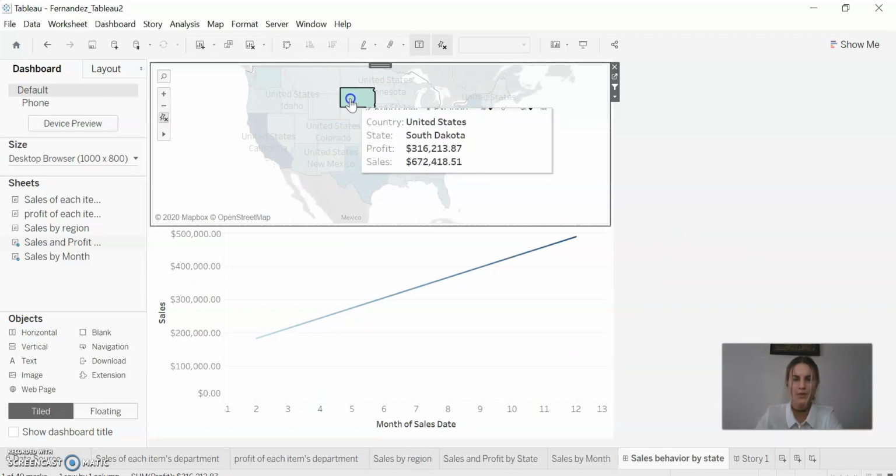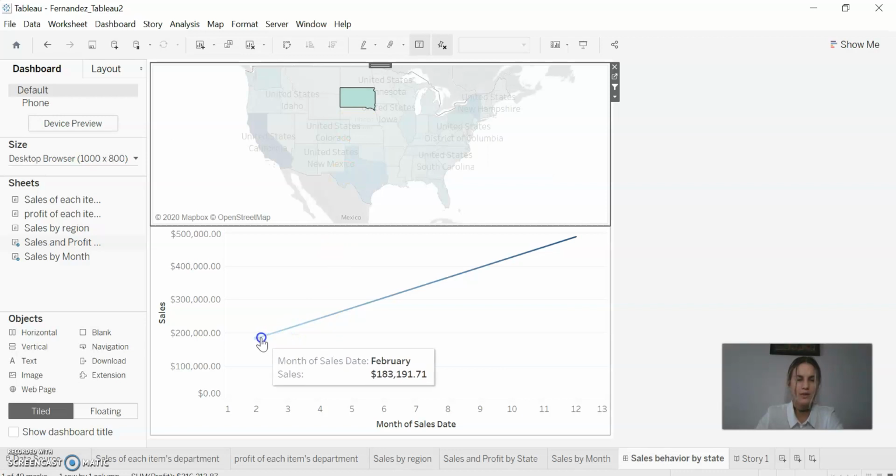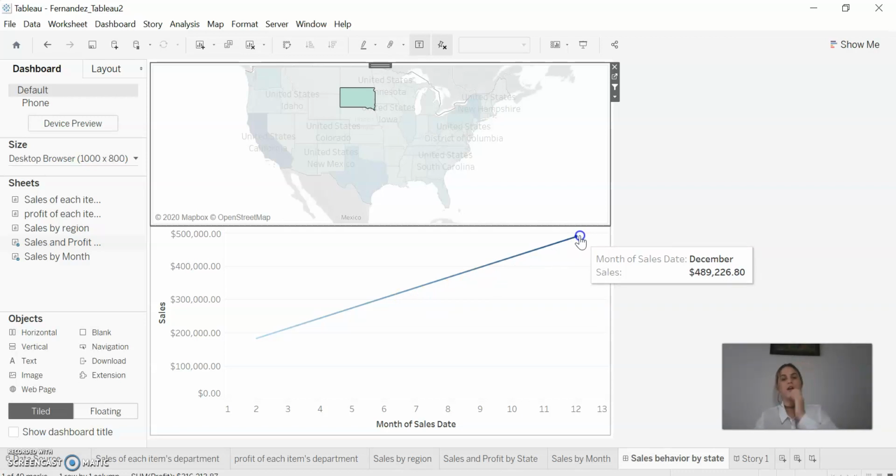This one, South Dakota, also does the same thing. It sells in February, and it doesn't sell anything until December. I found that pretty odd. So if I was the real data analyst for the company, I would suggest just looking into these two states, because the information is not right.